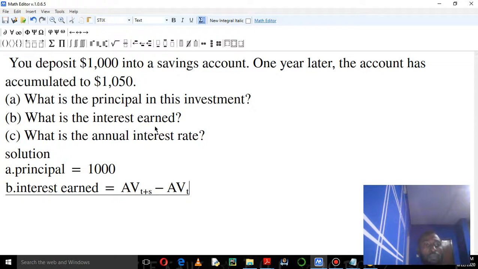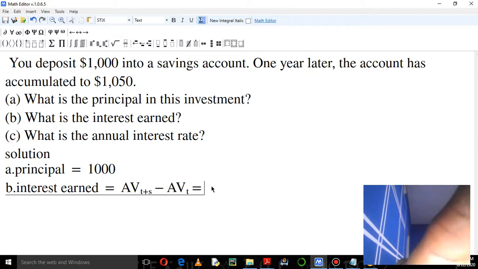Now let's move on. From this question, we've already known our principal, which is the initial amount invested, to be AV subscript t, which is $1,000.